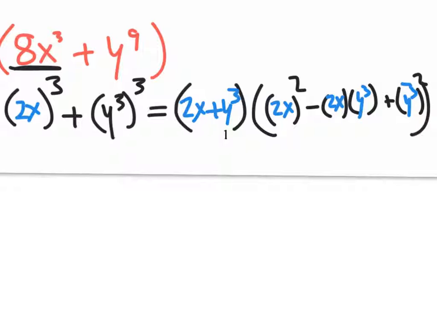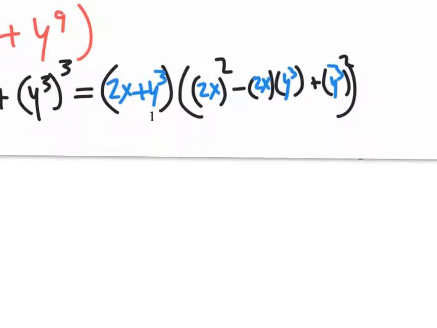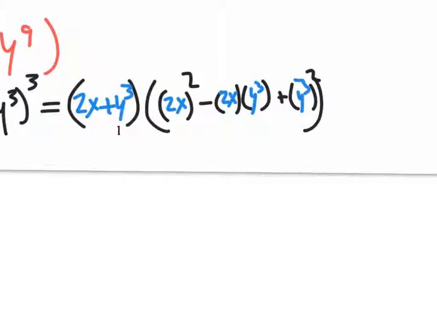And now let's work on the trinomial. Once again, this part right here that we did, that we took the cube root of this and got that, took the cube root of that and got that, is just to identify a and b. After that, you could just ignore it because it's not going to be part of your answer. The first part of our answer will be the binomial 2x plus y to the third.